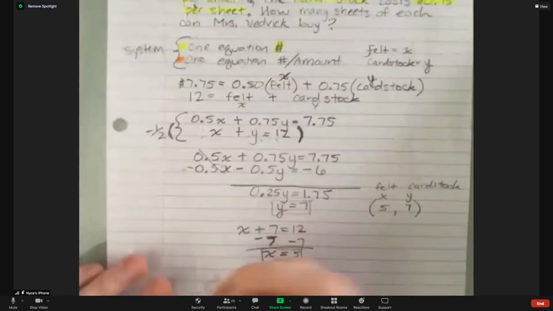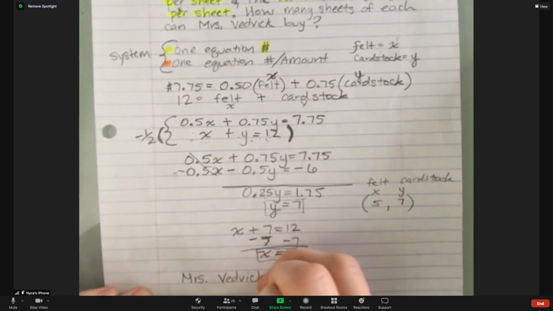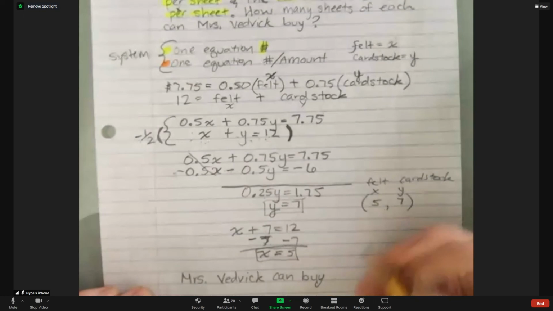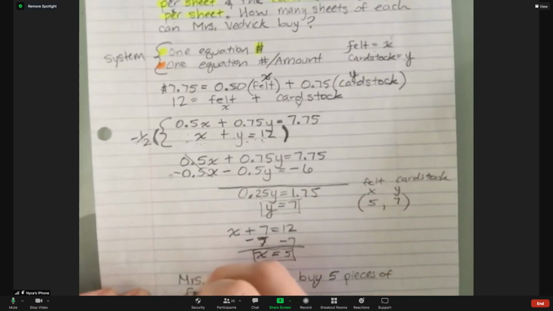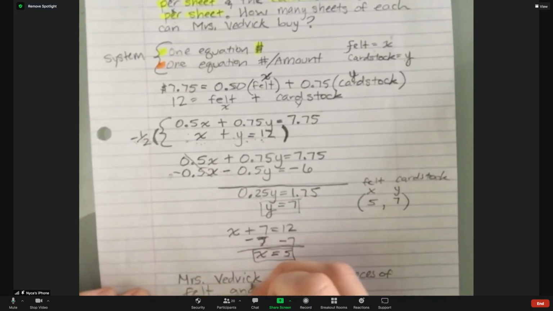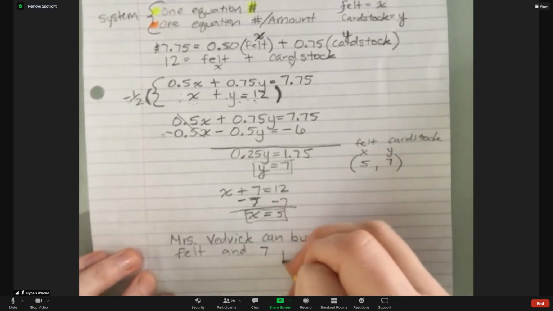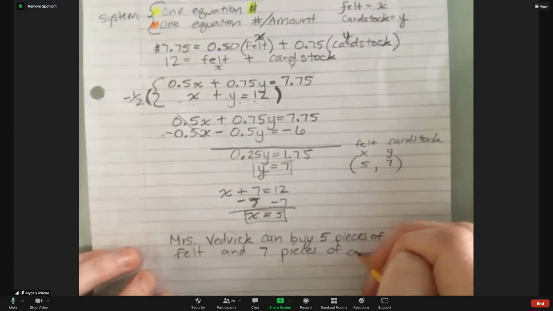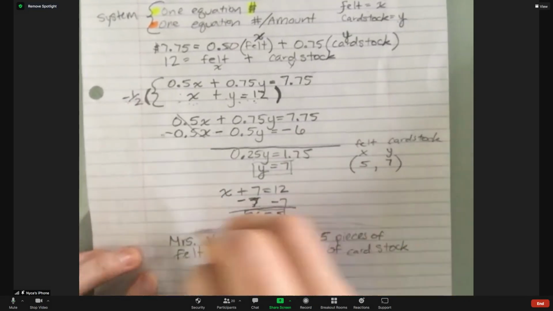That means Mrs. Bevan can buy 5 pieces of felt and 7 pieces of cardstock. That's the final answer.